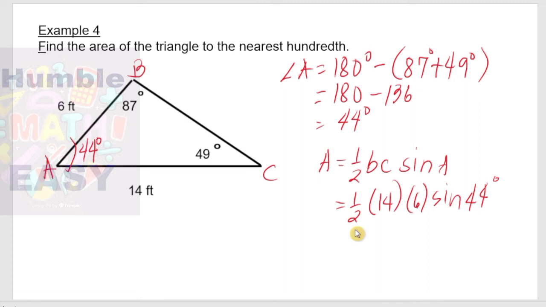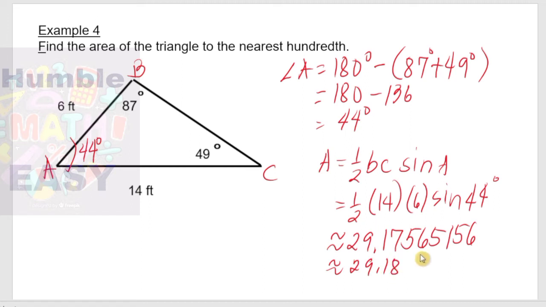So 14 times 6 times 1/2 times sine 44 is approximately 29.17556, so this is approximately 29.18 square feet.